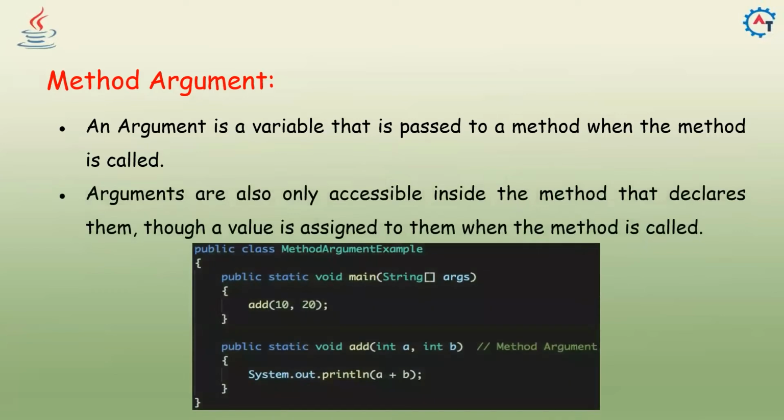So I have created one method, public static void add, and inside it you give some variables, int a, int b. These are called method arguments. When you call this method in the main method, add 10, 20, these are all method arguments.